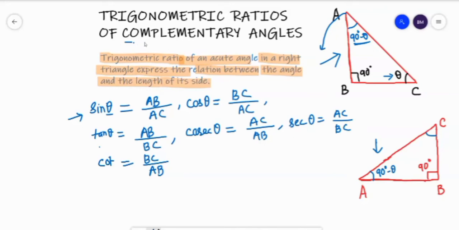So the complement of theta is 90 degree minus theta, and we will now calculate the trigonometric ratios of the acute angle 90 degree minus theta. For this triangle ABC, AB is now the base and BC is the height. So the same relations will apply here also.